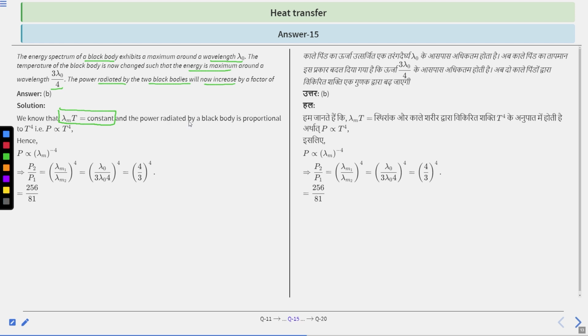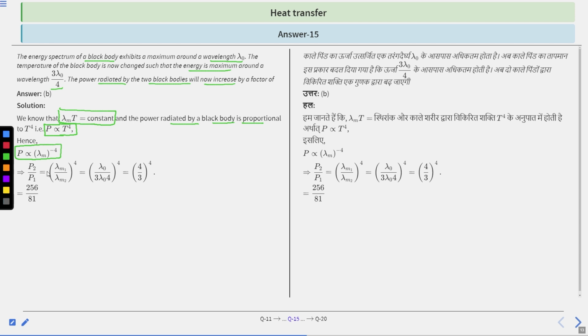And the power radiated by a black body is directly proportional to T raised to the power 4. Hence, P is directly proportional to lambda m raised to the power minus 4.